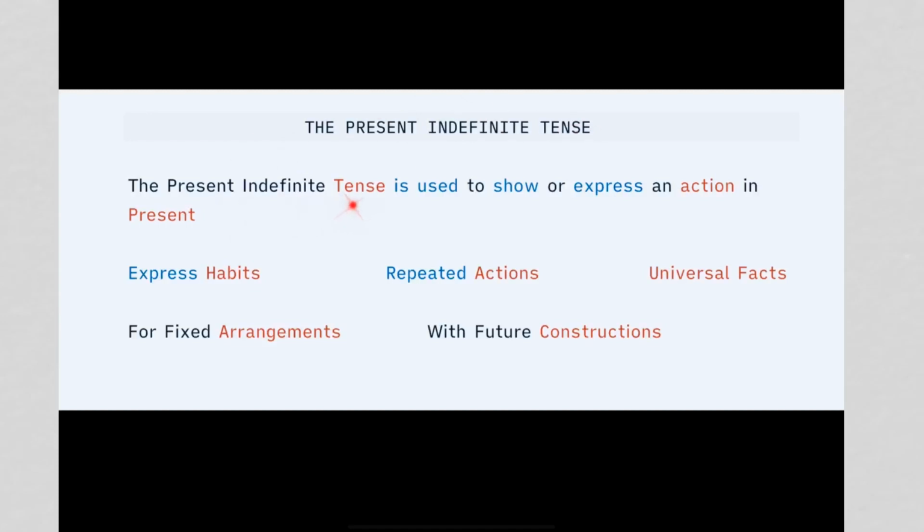Again, the same thing which I just told you guys is used to show or express an action in present. So 6 scenarios where we use it. First one is expressing habits, second one repeated actions, universal or general facts, for fixed arrangement, and with future constructions. So I'm going to explain you all of it in full detail.